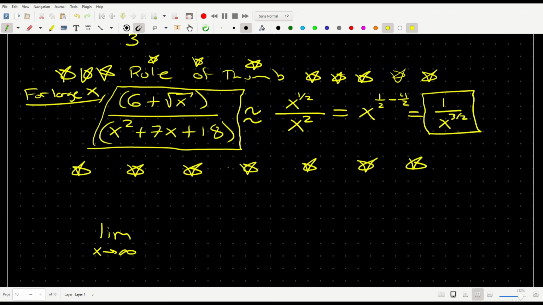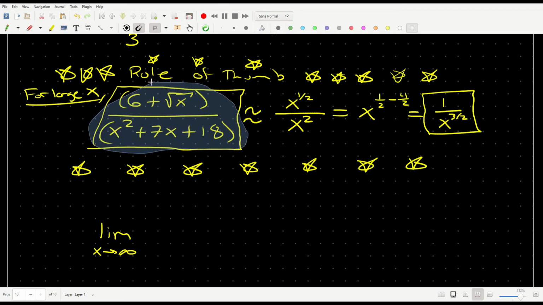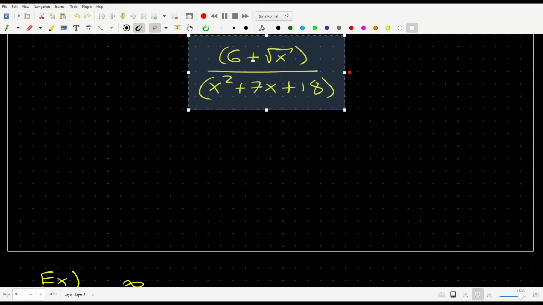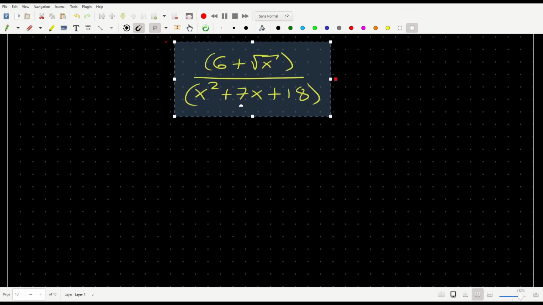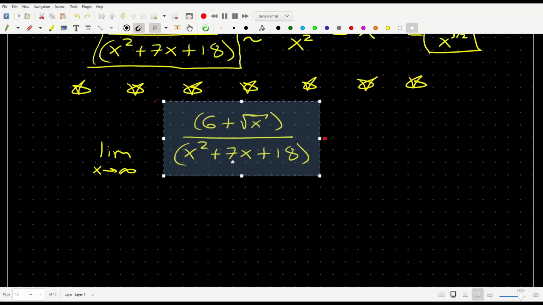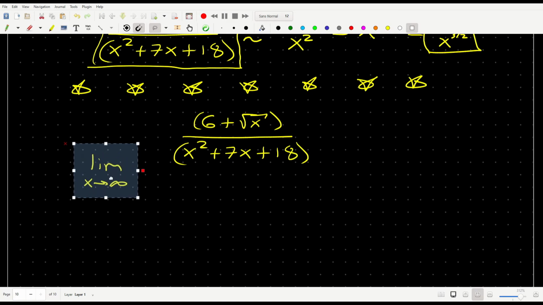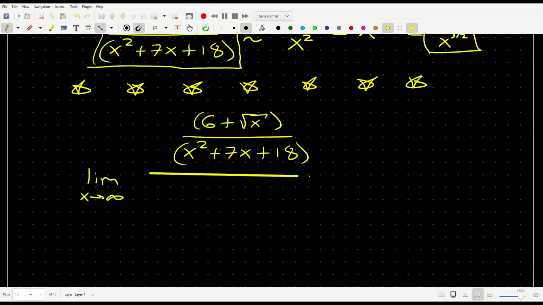We're going to take our actual function, which is this ratio right here. So this is our f of x. And we're going to divide this by our comparison function, which is 1 over x to the 3/2.